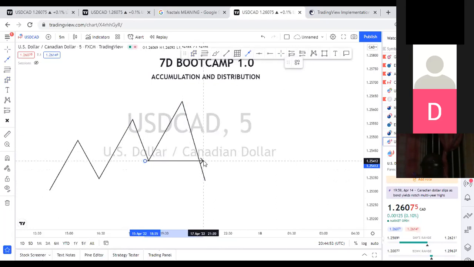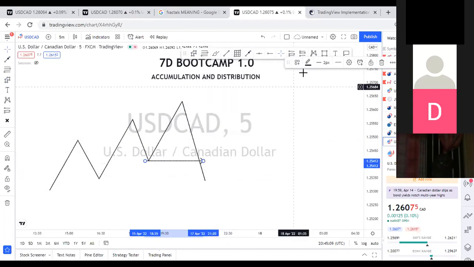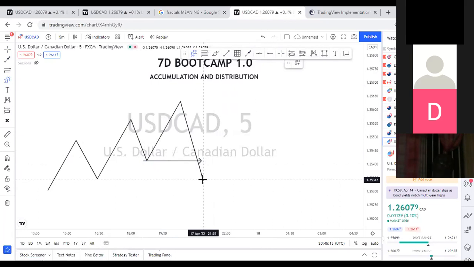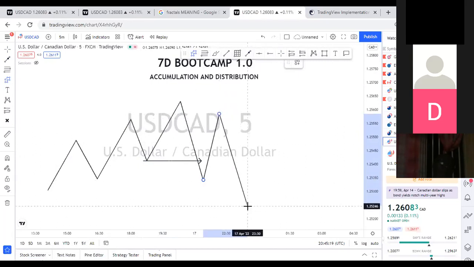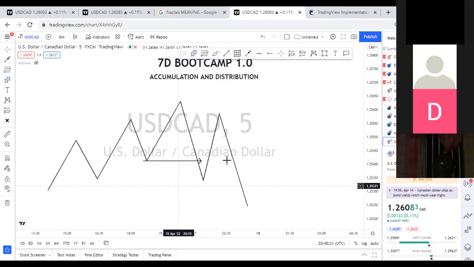So we have a break of structure here, which is evidence that price is ready to shift downward. This is the evidence that we have, and then we expect that price is going to come back all the way and then continue its downward movement.